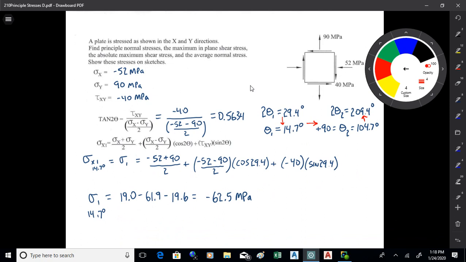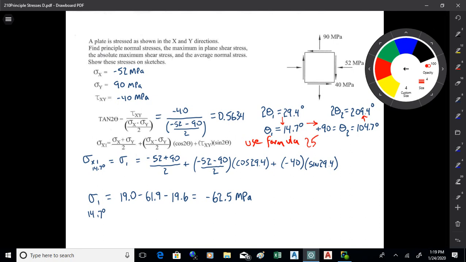And so what I can do is plug that angle into the general formula. So the way I do this stuff is I use the general normal stress formula. I plug in that special angle where I know the maximum acts, and I use formula 25.